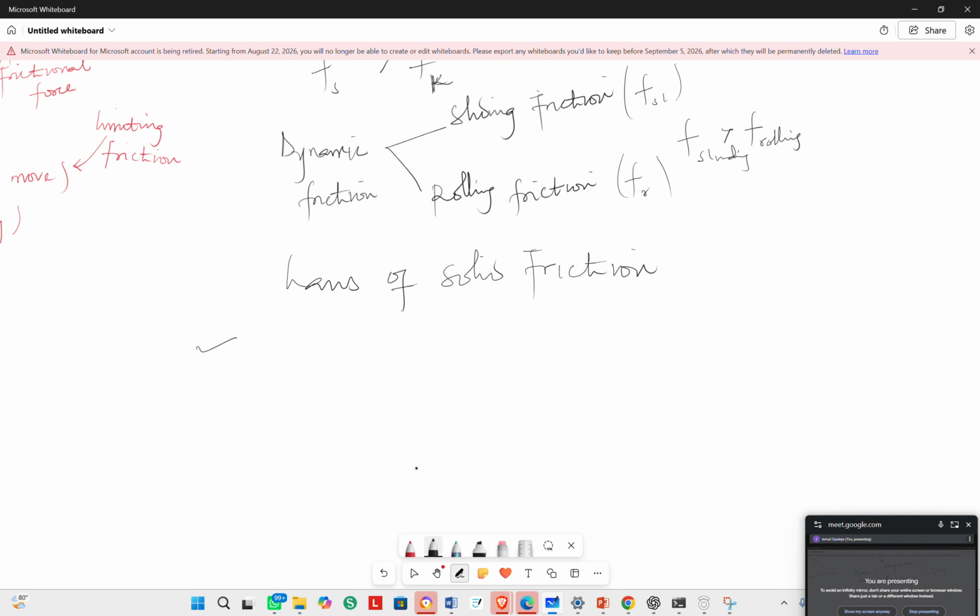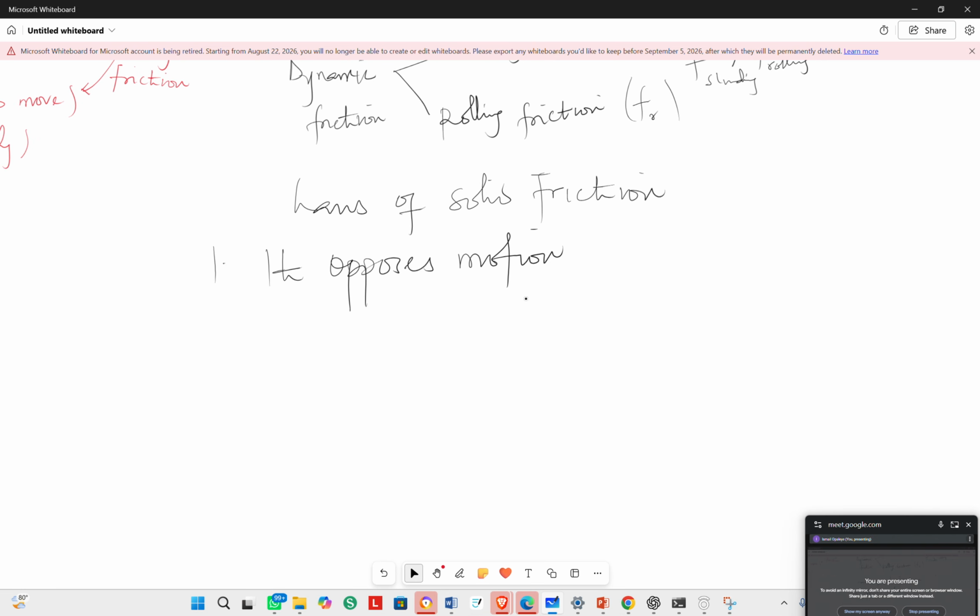Number one, it is opposite motion. That will be number one for the laws of solid friction.